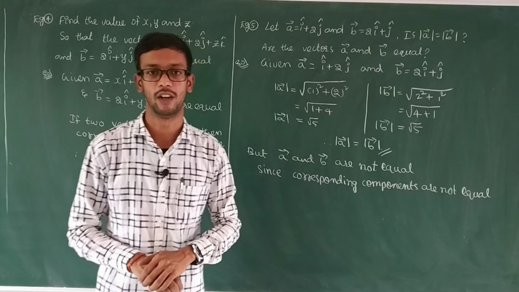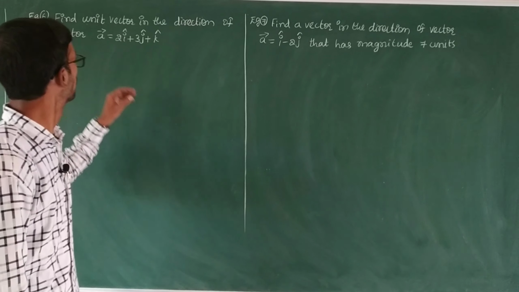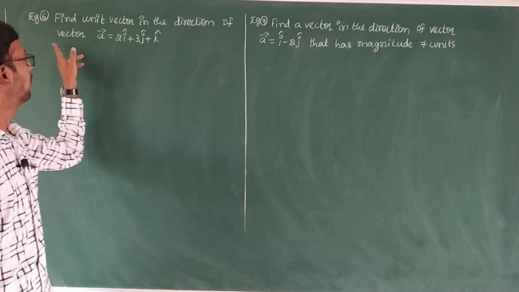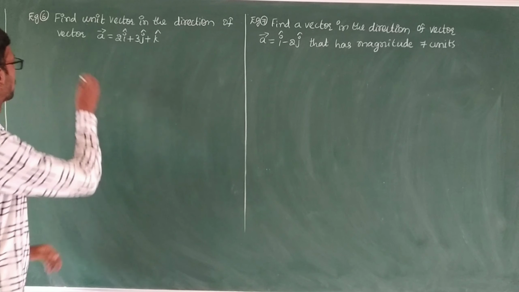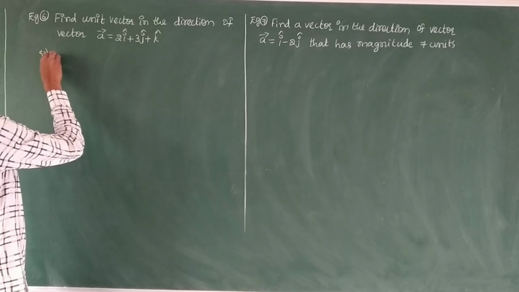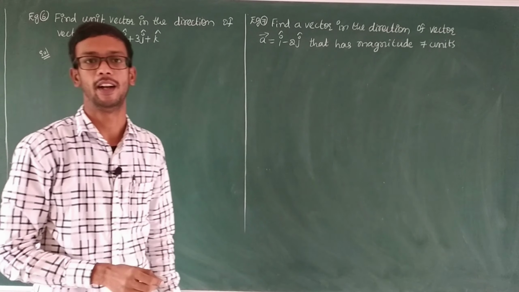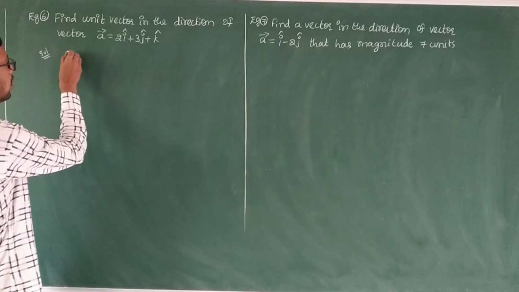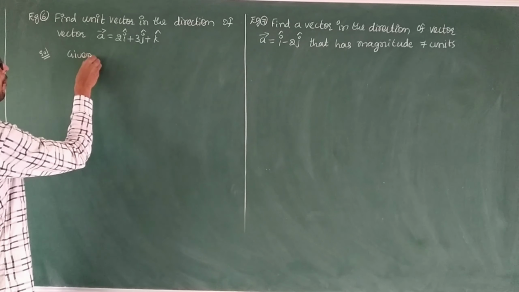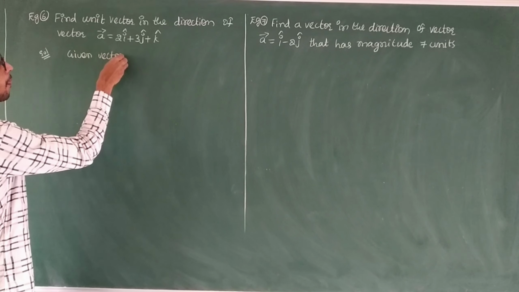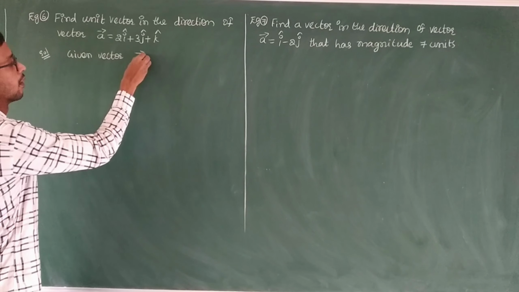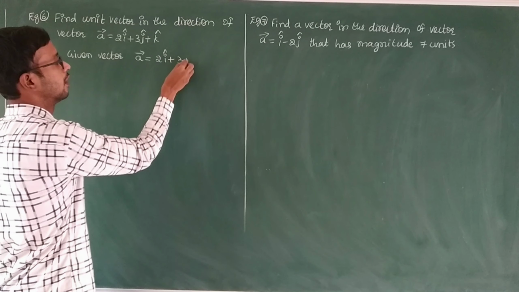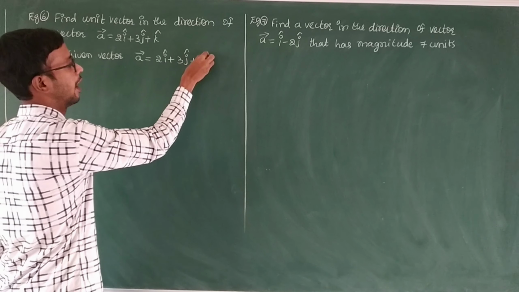Now we see example 6. Find the unit vector in the direction of vector a bar. Unit vector we have to find in the direction of vector a bar. So the given vector is a bar = 2i cap + 3j cap + k cap.